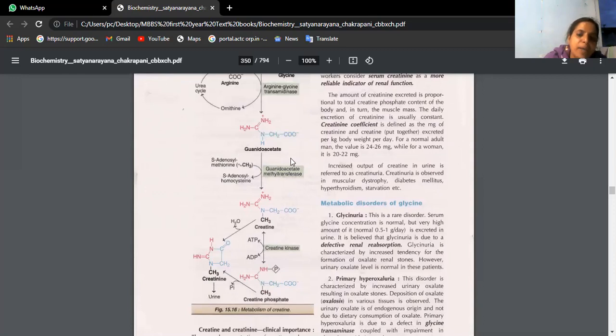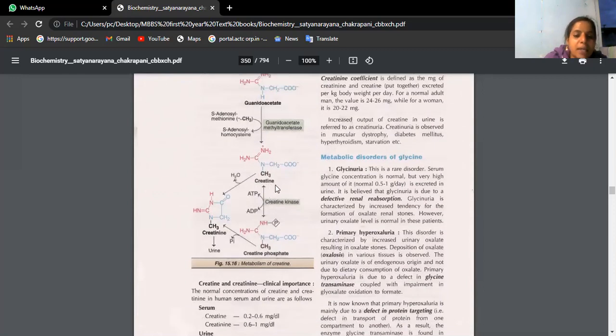So guanidoacetate is converted to creatine, creatine is converted to creatine phosphate in the presence of creatine kinase. So these series of steps you have to write for metabolism of creatine. Creatine can be converted to creatinine. We know creatinine is excreted in urine. Even creatine phosphate also can be converted to creatinine, which is excreted in urine.